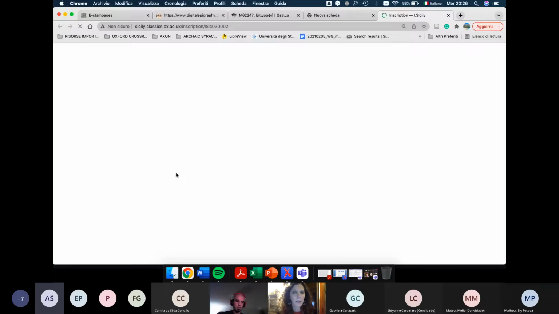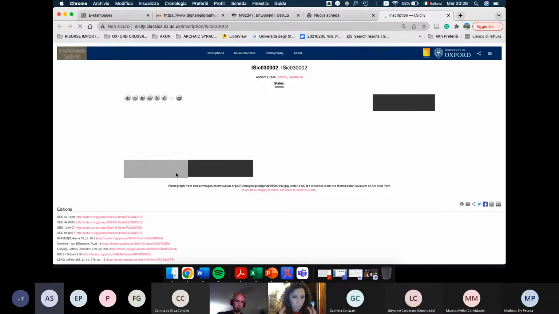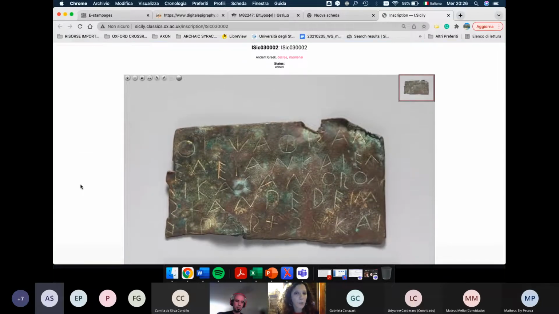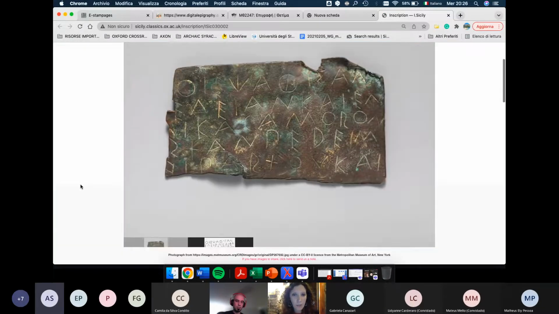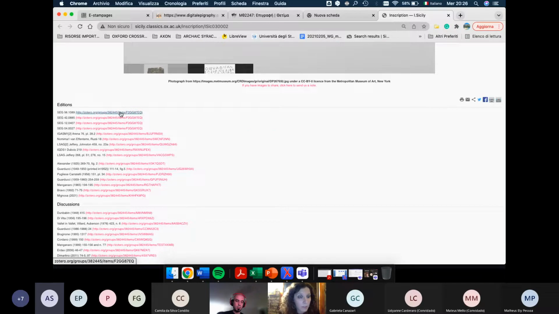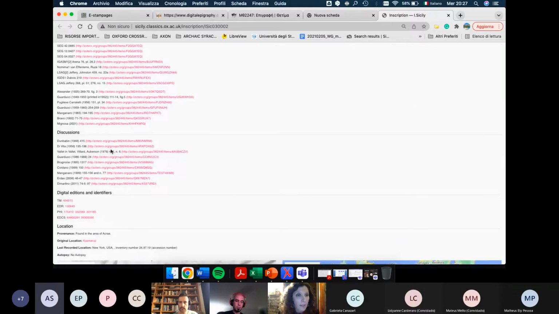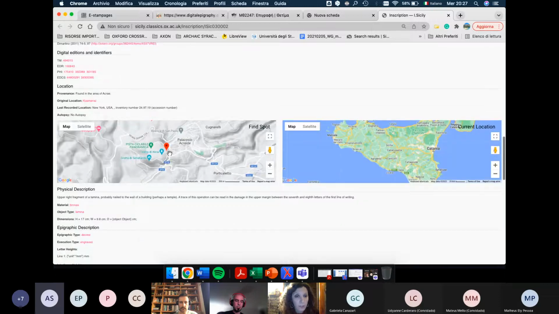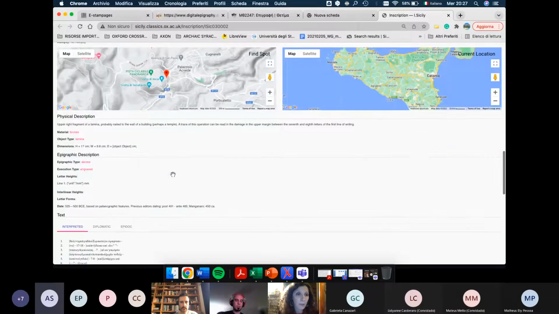As in Axon, you have the same main information. The image of the inscription is the first one here, and then all the editions that are linked to the bibliographical repository that we have, that is Zotero. Then the location, so the find spot, physical description.